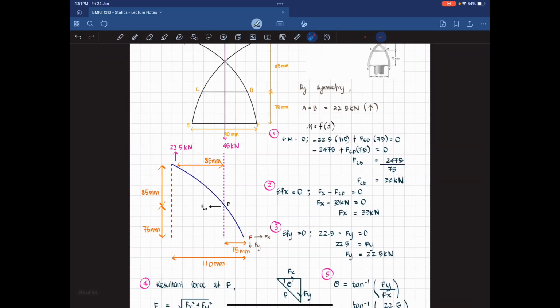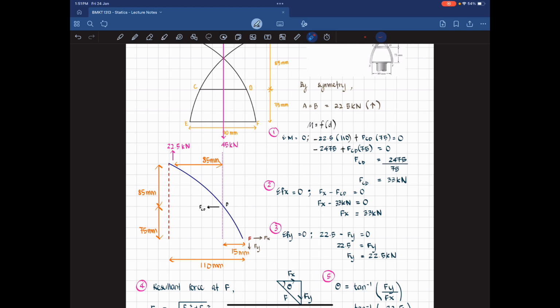Now we move to the calculation of the free body diagram. We have three methods: sum of moments, sum of Fx, and sum of Fy. The first step is to find the sum of moments.